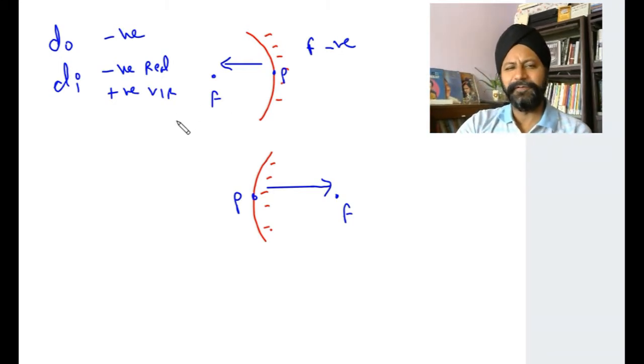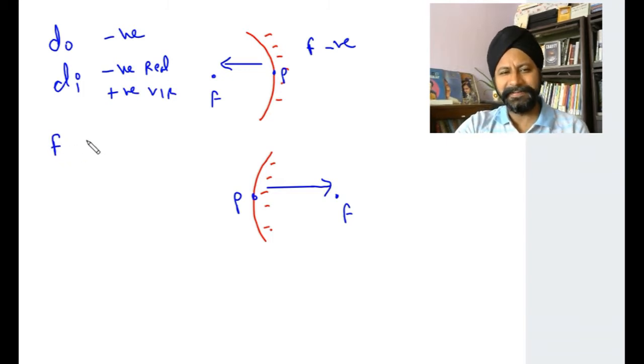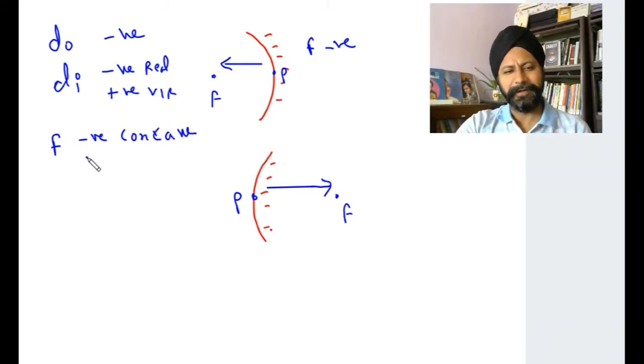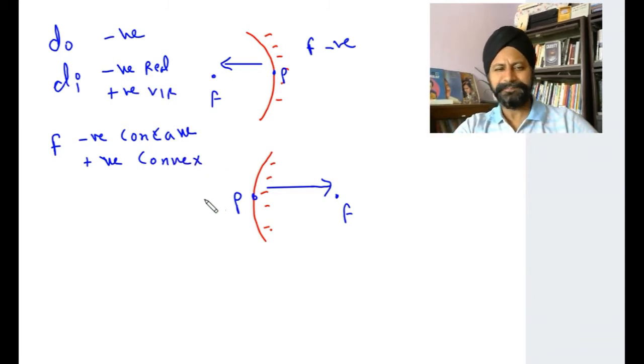So positive for virtual image. How about the focal length? Focal length is going to be negative for concave. I'll do a couple of questions for you today, and then you can see this working. And positive for convex, as we already saw here.